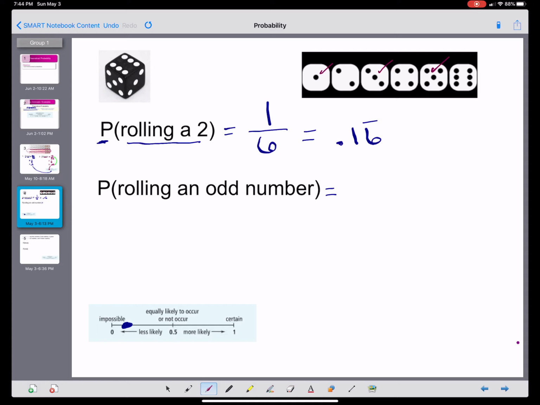There's 3. And how many are there in total? There are 6. So I can reduce that to 1 over 2, change that to a decimal, which is 0.5. And 0.5 is right here, so we're equally likely to occur or not occur if we roll an odd number.